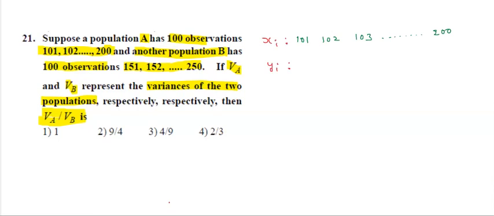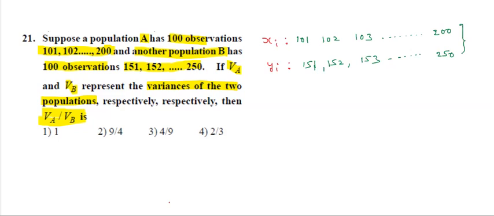So that is 151, 152, 153, and so on up to 250. Here observe the difference. XI is 101, the first observation. YI is 151. That means each observation is increased by 50. Yes or no?